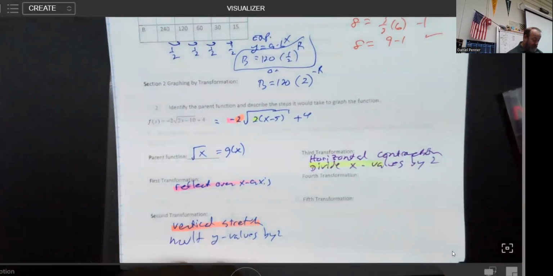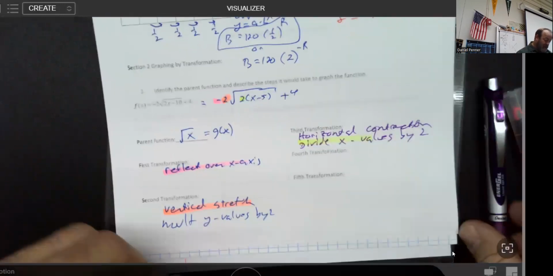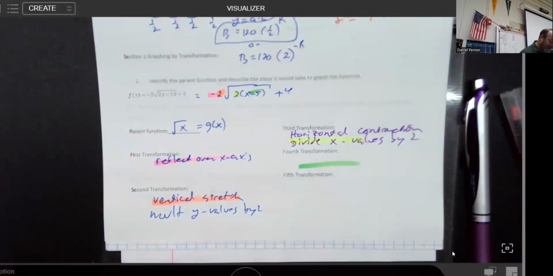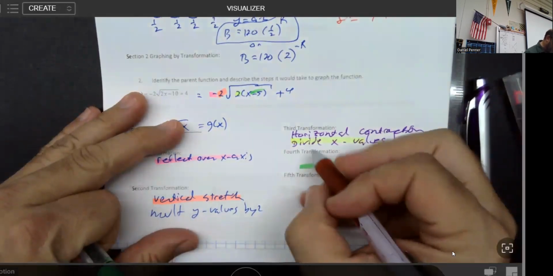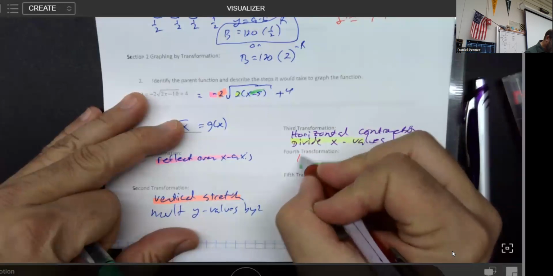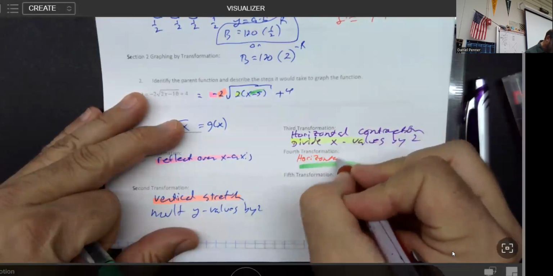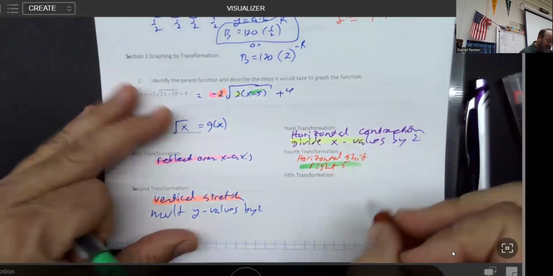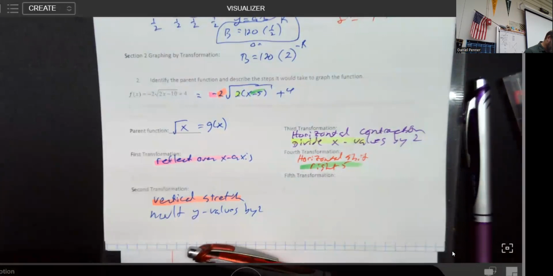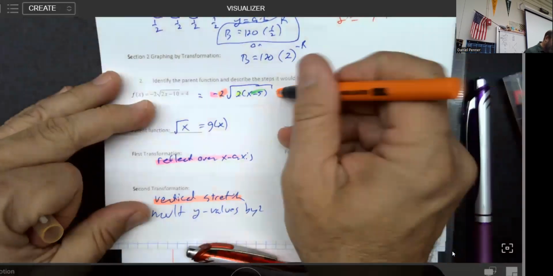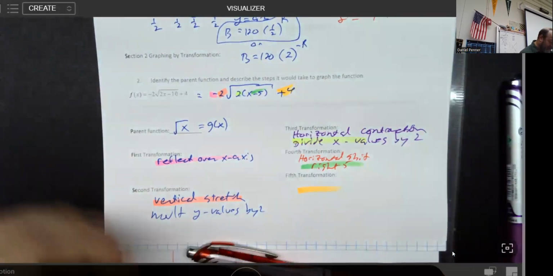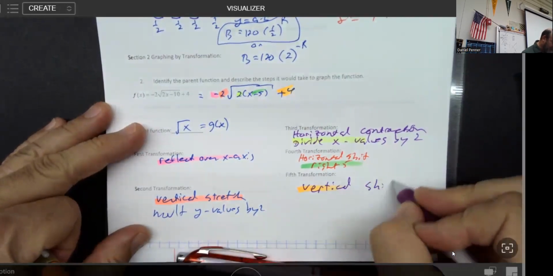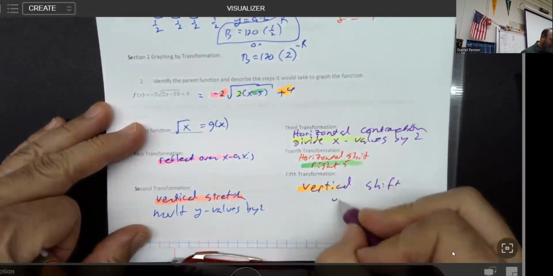The fourth transformation that I see is going to be right here, this -5, which looks like we are actually shifting to the right 5. So it's a horizontal shift, which means go to the right 5 units. And last, my final piece right here, the fifth and final transformation is a vertical shift. And that's going to go up 4.